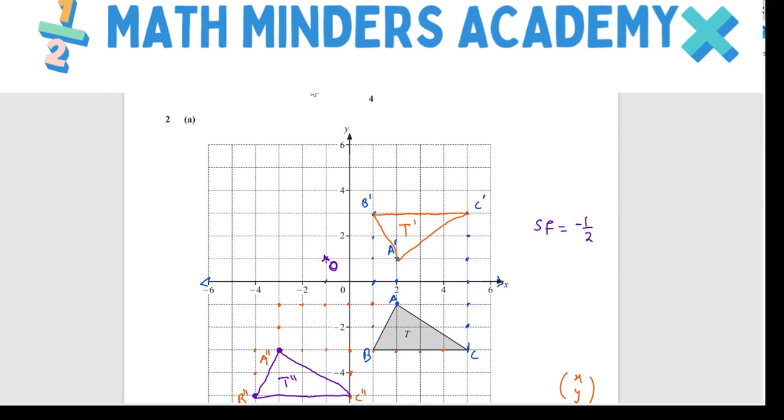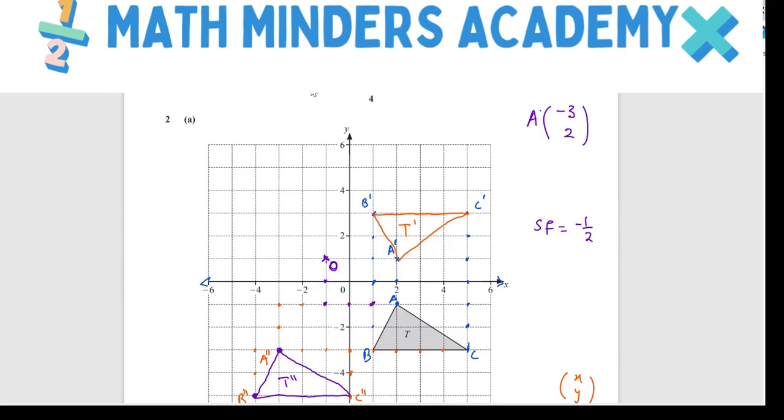A will travel 1, 2, 3 horizontally, and 1, 2 vertically before it gets to the center. So this is the vector for A. It takes -3 because it's going back, and then 2.